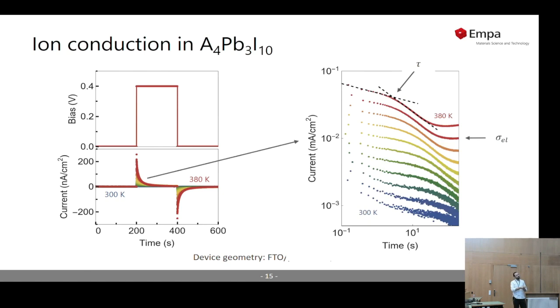There you see this kink, which moves down in time scale, which, if we look at the solid electrolytes before, was very characteristic for ion migration. If we now use this, we can follow it and look at the time scale for ion migration in these devices. So these behave very similar to solid electrolytes. And again, we can look at these offsets here in the current to estimate the electronic conductivity of these devices.